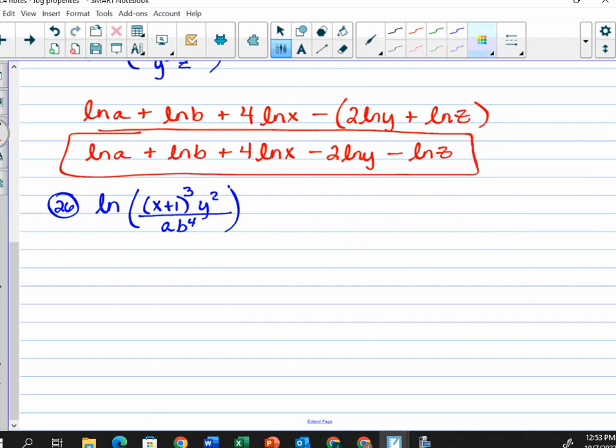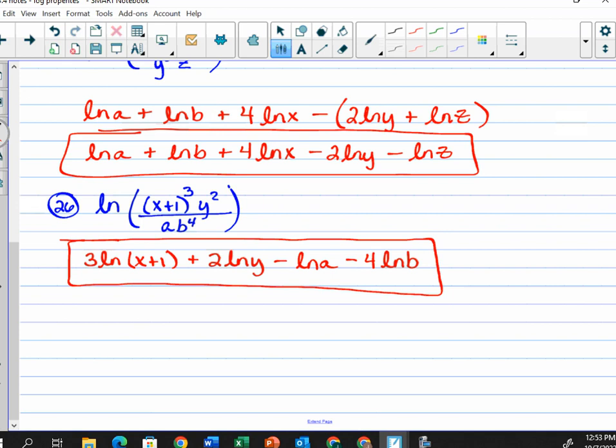Are we ready? Sure. All right. Did you get 3 natural log of x plus 1 plus 2 natural log of y minus natural log of a minus 4 natural log of b? Yeah? Okay. Good, guys. That's like as complicated as it would get for expanding, okay?